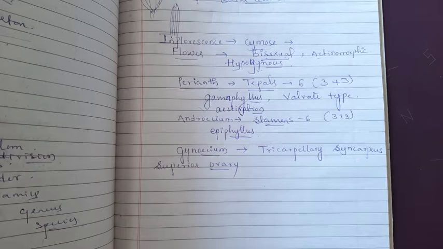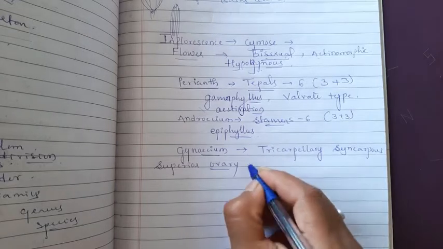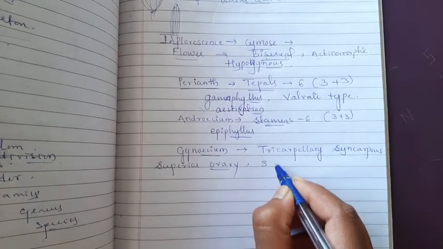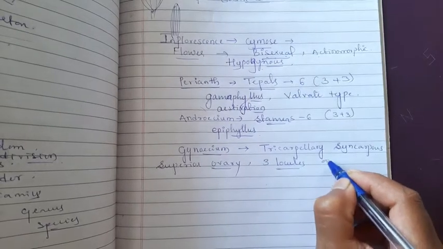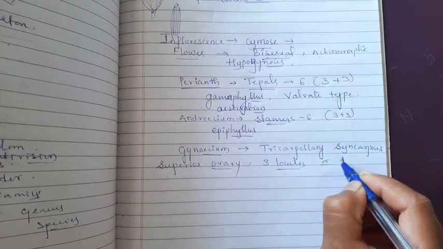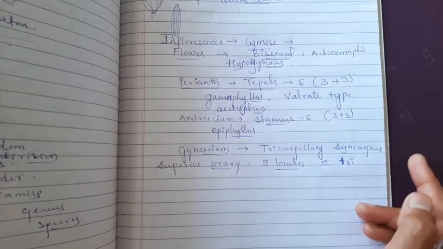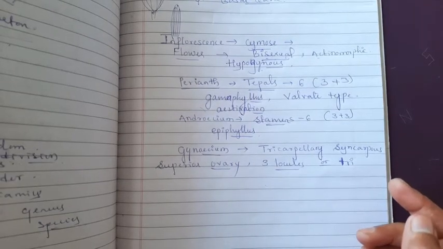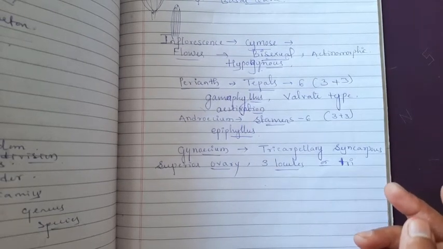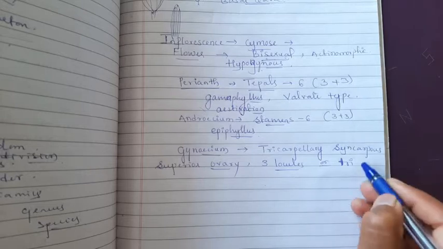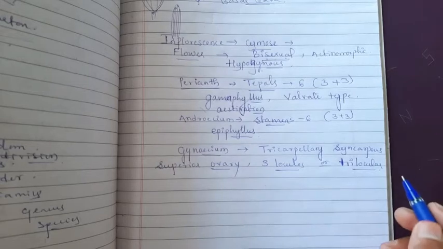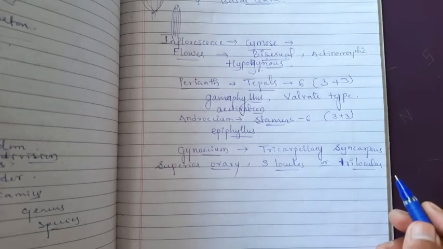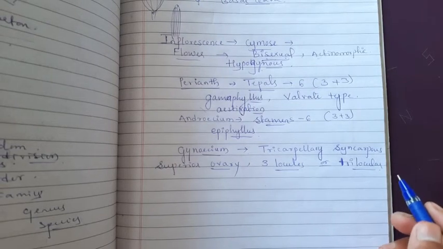Okay. 3 locules are present. 3 locules means we can say trilocular. The 3 locules are the trilocular condition with many ovules.